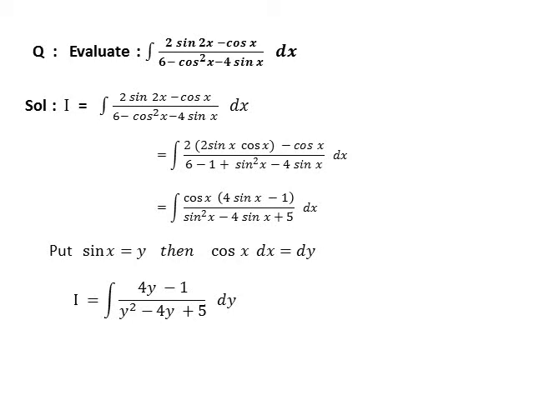In next step, express 4y − 1 equals to a multiply derivative of (y² − 4y + 5) plus b. Here, derivative of y² − 4y + 5 with respect to y equals to 2y − 4.